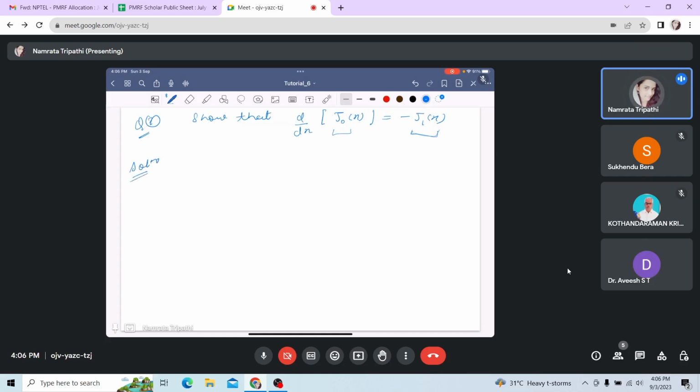So these types of questions will be easily solved if you know the recurrence relation. Either you can get the recurrence relation by derivation. So we'll use this recurrence relation.